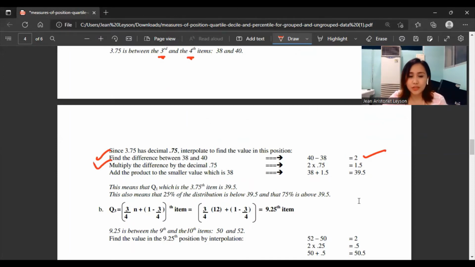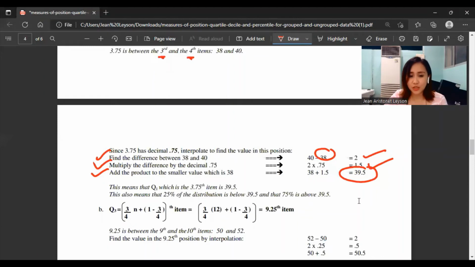Second, multiply the difference by the decimal 0.75. So the difference is 2 times 0.75, that's 1.5. You can double check that in your calculators. Then lastly, add the product to the smaller value, which is 38. You add 1.5, that will give us 39.5.